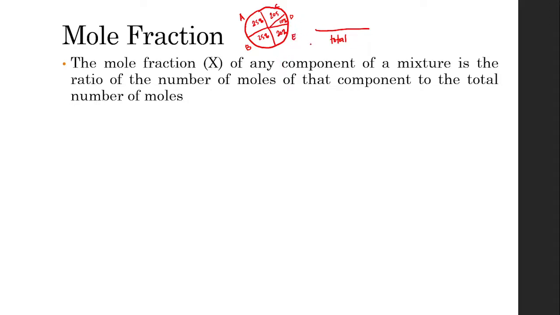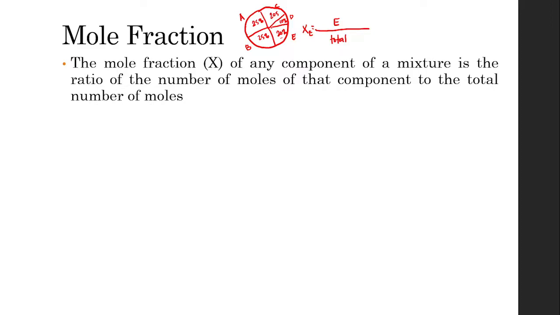So to get the mole fraction, which we usually denote by X, I take my single component, which in this case is 20% of the whole. Say I want X_E, the mole fraction of E. I take the individual measure, which in this situation should be in moles instead of percent, and divide it by the total number of moles.